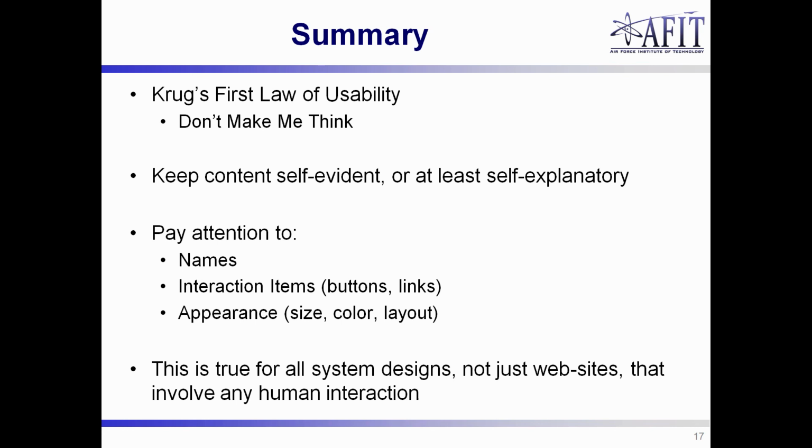I really believe that these principles are true for all system designs and not just websites. Any computerized system that involves human interaction should have clear, self-evident names, interaction items that you can clearly interact with, and signifiers using appearance to let you know what you should do.